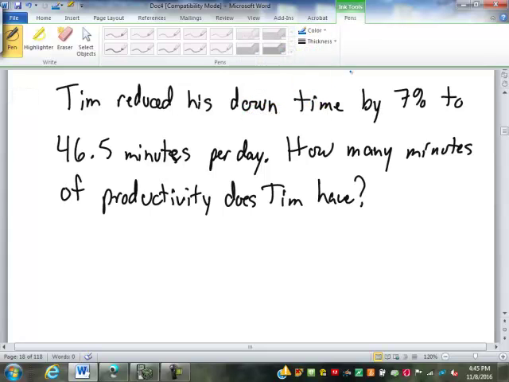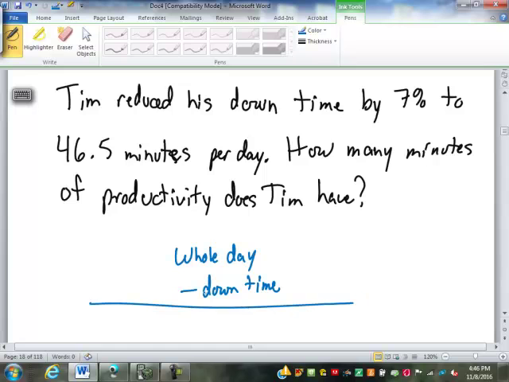So we're looking at this. We have Tim's whole day, his whole shift, or however you want to look at it. Whole day minus the downtime gives us productive time.